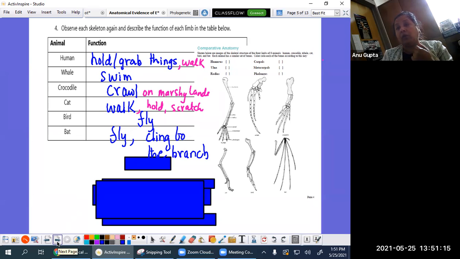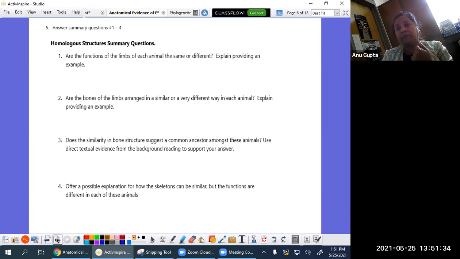And you can quote an example, like the human arm is used to hold and grab things, while the bird's arm is used to fly or to cling to the branch, or the cat is used to hold things or to walk, and the whale is used to swim. So answer that, and please make sure you provide the examples.